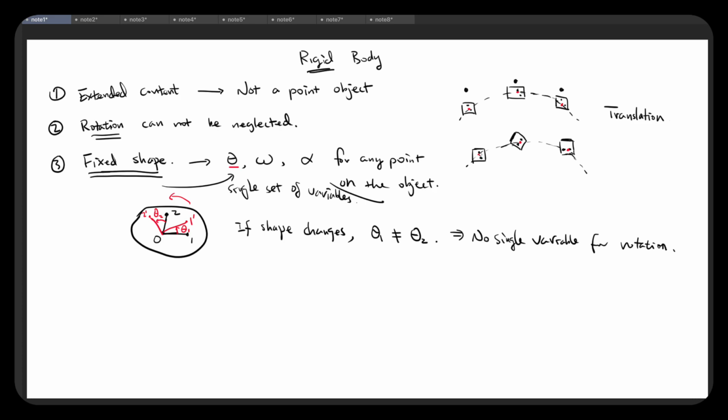And this red dot is the single most important point on this body. You will follow a point particle's motion on the trajectory here. So the translation here can be described by the red dot, and that red dot is called center of mass. So that's the center of mass doing translation in this process.